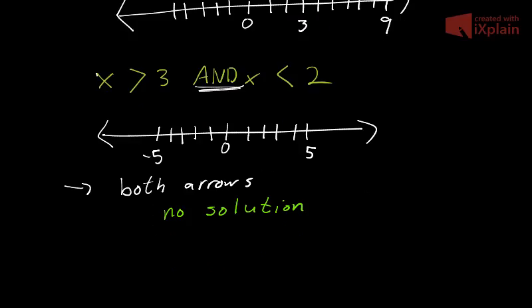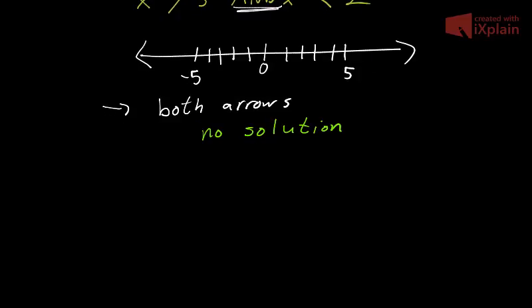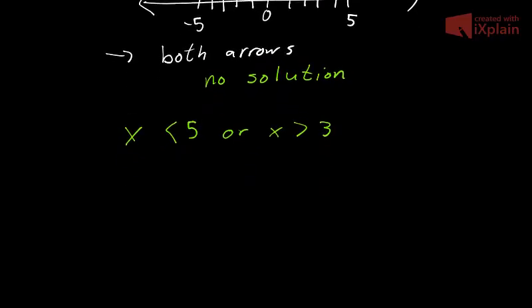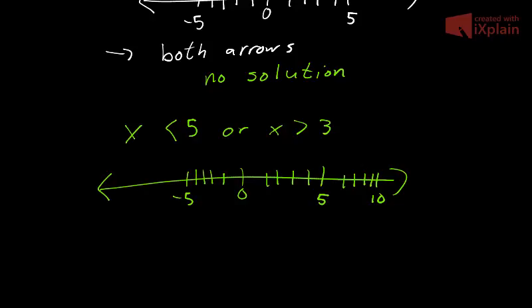Let's look at or and see what happens when we do something weird with or. So let's try x is less than 5 or x is greater than 3. So if I look at this on my number line, 0, 5, 10, -5 there.